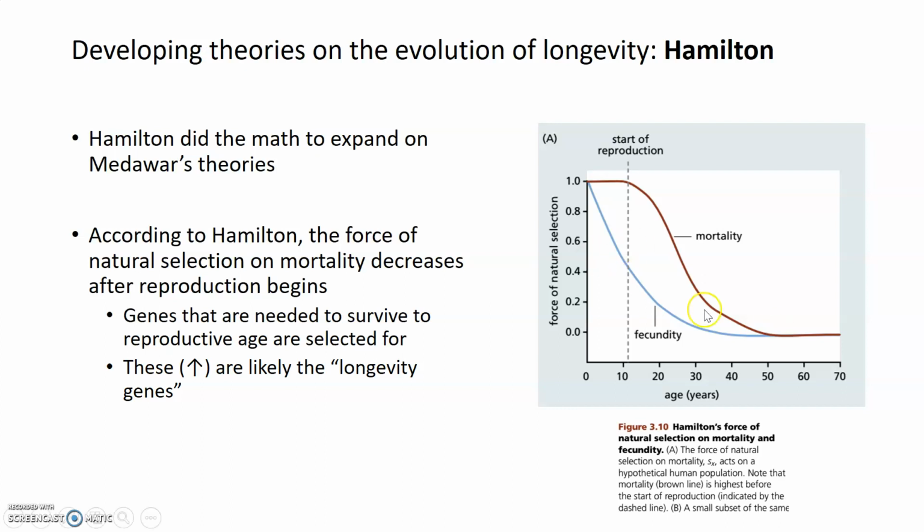And any of the genes that are necessary to make it to this dotted line, to the start of reproduction, are likely the longevity genes. Because natural selection isn't acting as the organism ages. It's acting before reproduction. And so any selected-for genes that confer a long life or longevity probably are selected for before reproductive age.